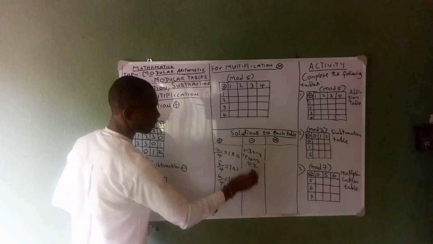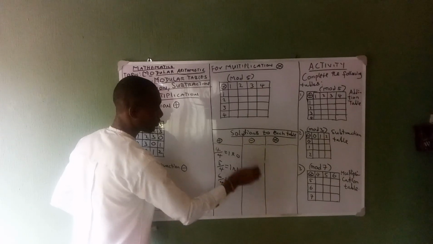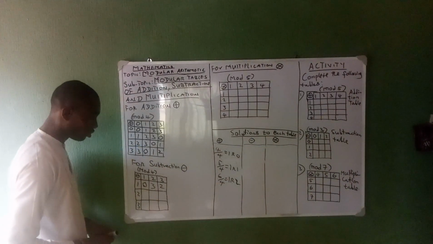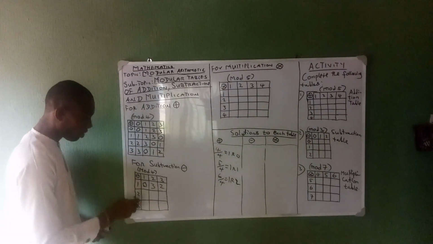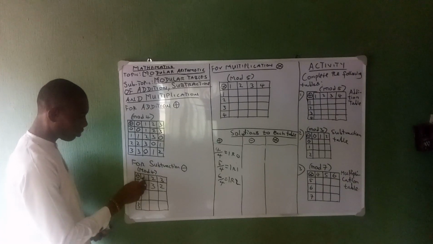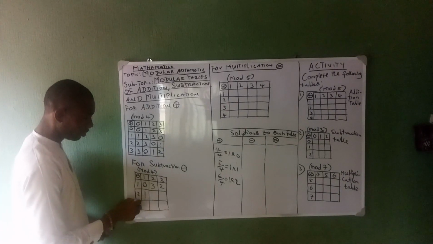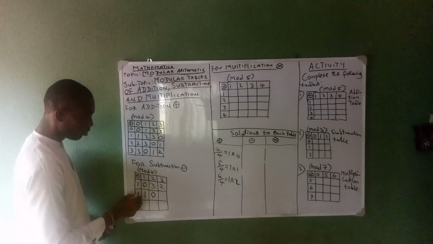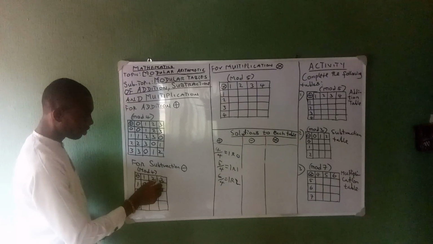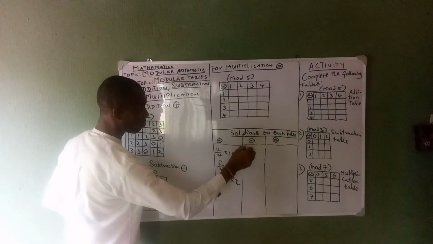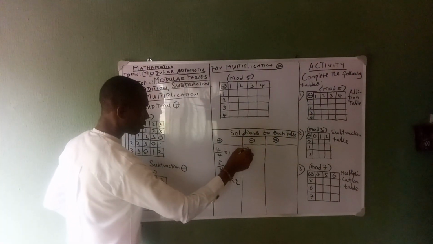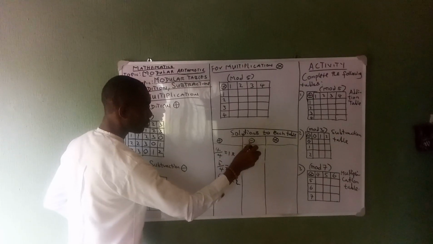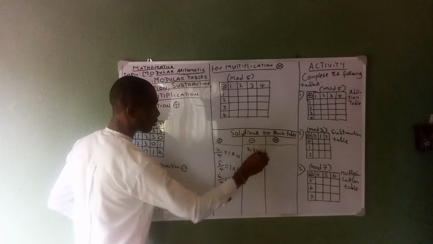Now also we consider the case of the 2. So we have here 2 minus 1, which is 1. 2 minus 2 is 0. 2 minus 3 will give us minus 1.